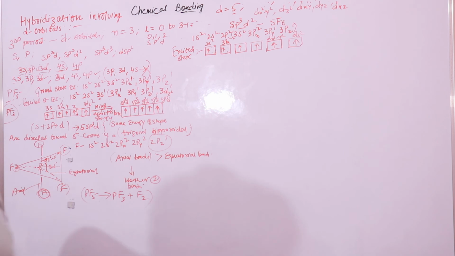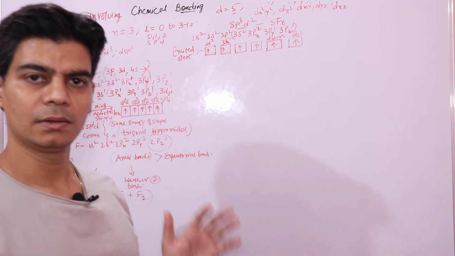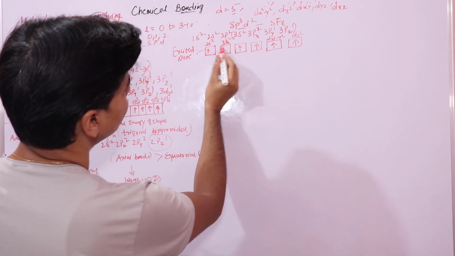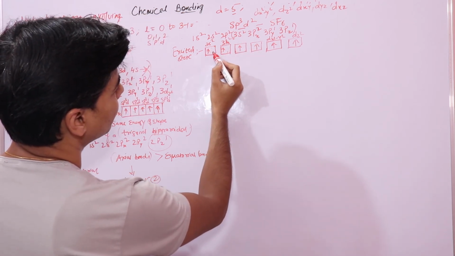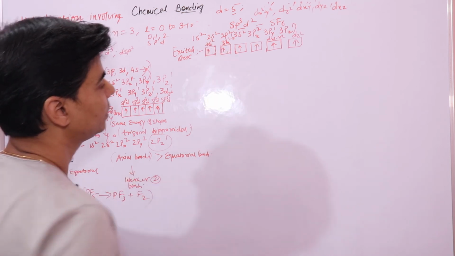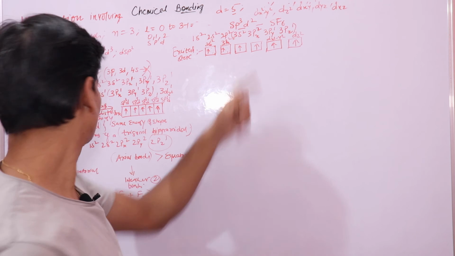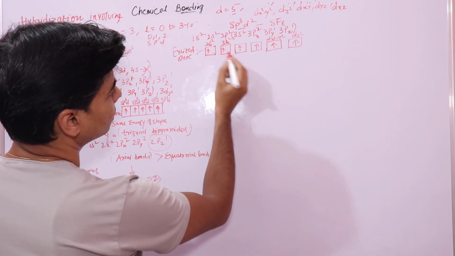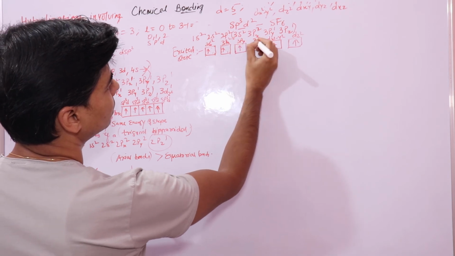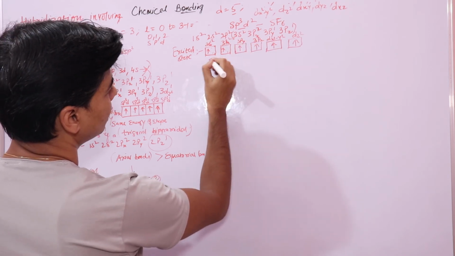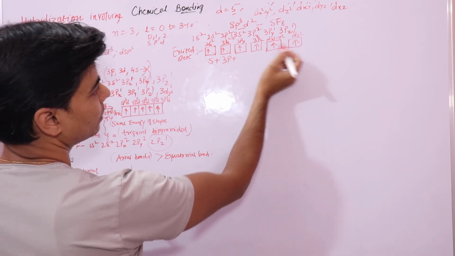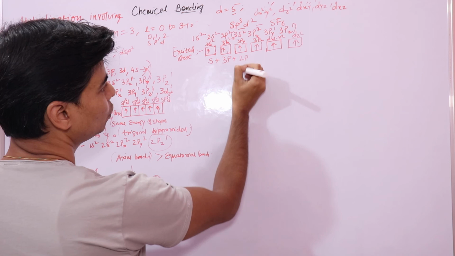We have 6 singly filled orbitals, in which you can see you have one s orbital, the 3s orbital, because one electron was shifted from the 3s orbital. And 3 are 3px, 3py, 3pz. S plus 3p plus you have dx square minus y square, dz square, 2p.